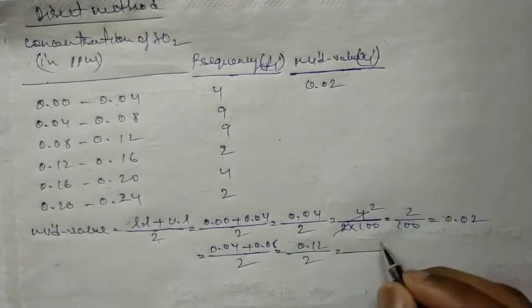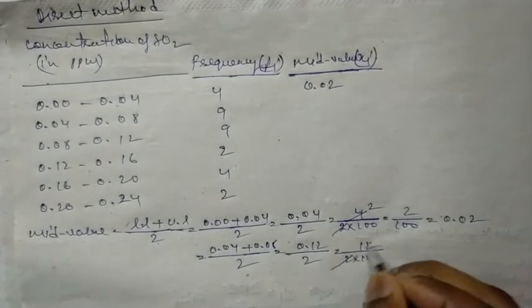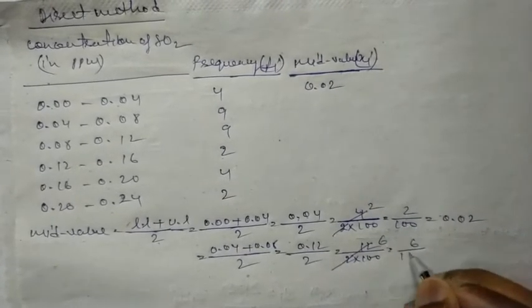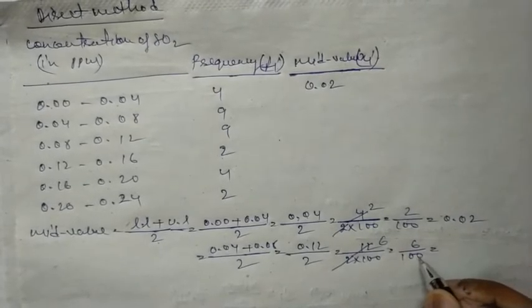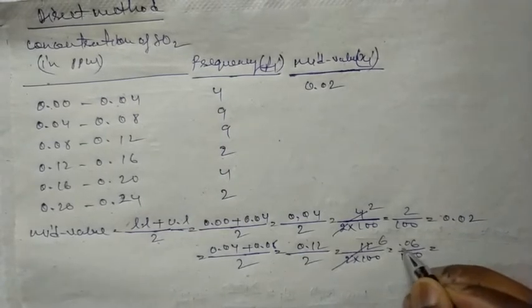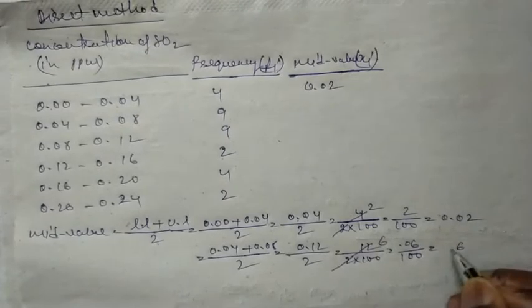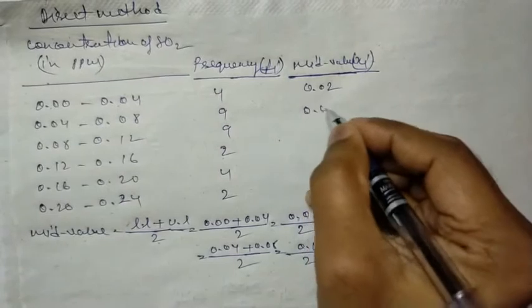Again we can remove the decimal, so we write 100. We can cancel 2 6 with 6 divided by 100. We move the decimal two digits to the left, so we can write 0.06.